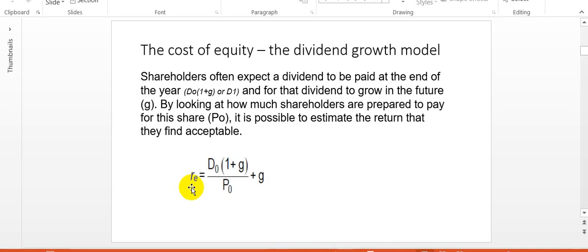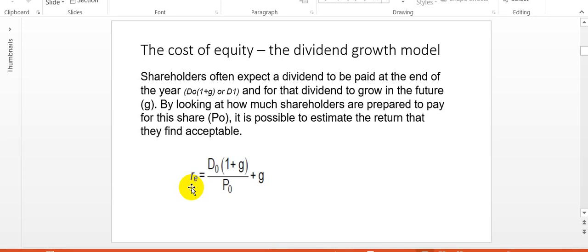With the dividend growth model, shareholders often expect a dividend to be paid at the end of the year, and for that dividend to grow in the future. So by looking at how much shareholders are prepared to pay for this share, which is denoted by P0, it is possible to estimate the return that they find acceptable.